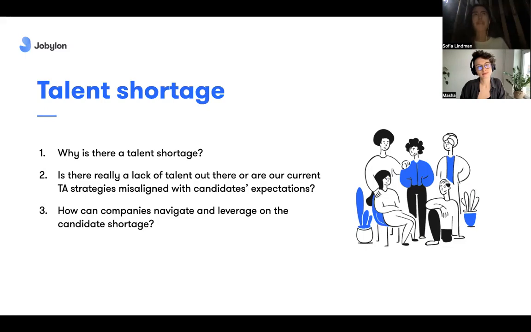But before we dive into how to solve this and how to overcome it, let's start from the beginning and where it stems from. Masha, do you have any thoughts and input on the talent shortage and why it's here, and why are we struggling with this problem?